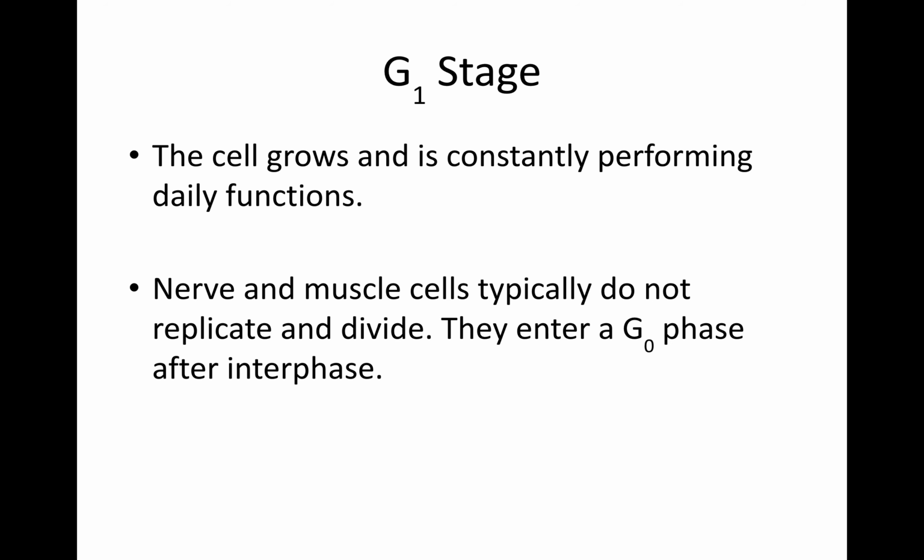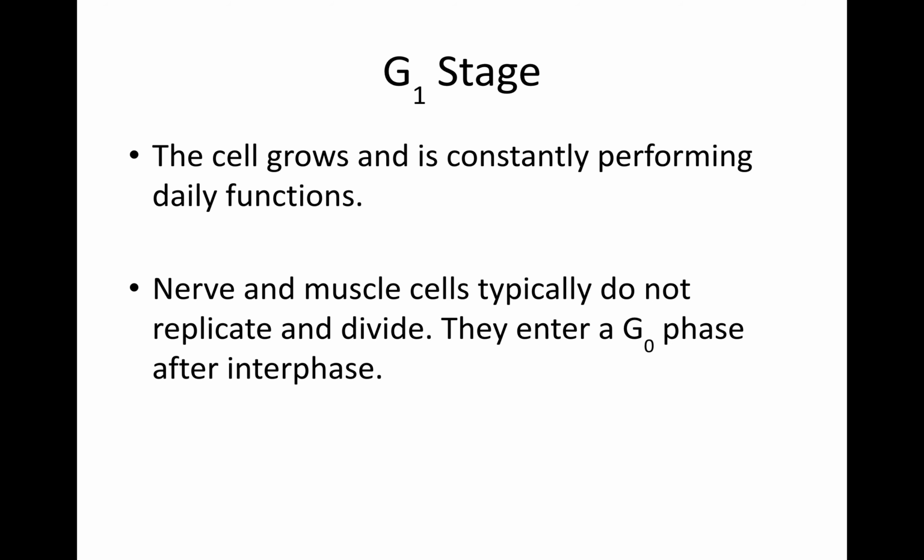So fun fact, nerve cells and muscle cells typically do not replicate and divide. So they enter a phase called G0 phase after interphase. And so they don't go through a cycle, it's like one and done.